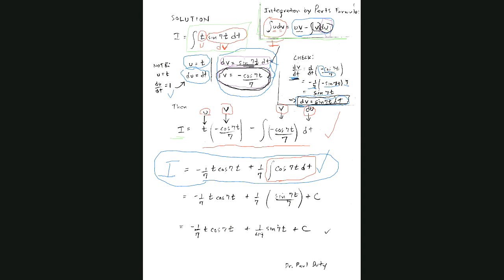Just to check, take the derivative of sine of 7t over 7. What's the derivative of the sine of 7t? Someone says negative cosine 7t.